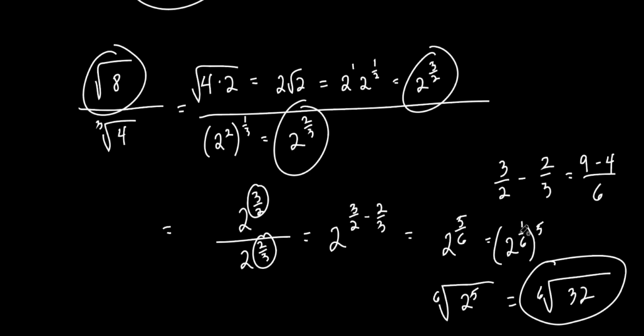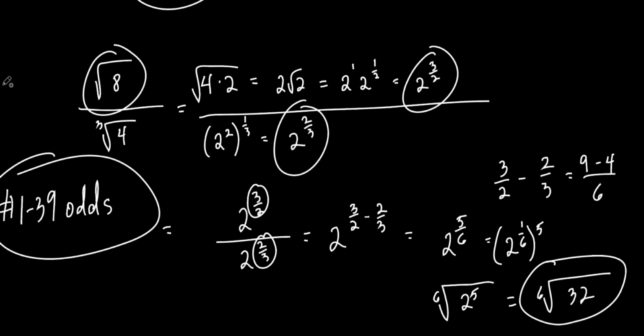All right. That's it. I think, well, you got homework to do. Last homework. 1 to 39 odds. We're just going to go over homework tomorrow. So 1 to 39 odds. I doubt it. All right, so 1 to 39 odd. That's section 7.2.